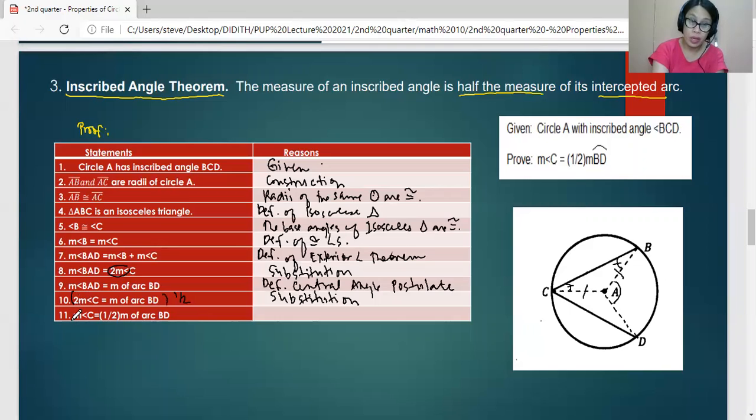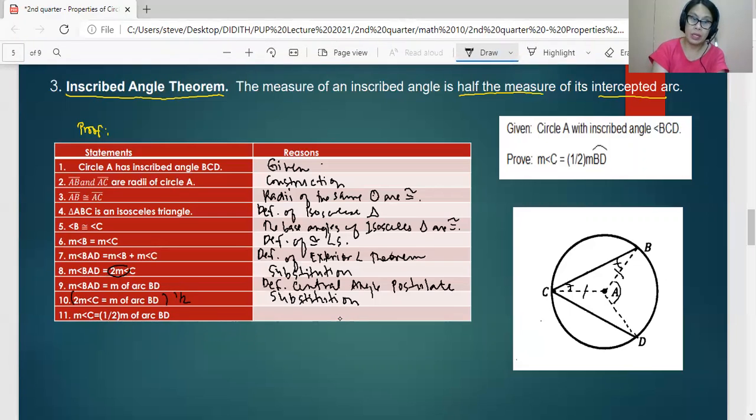So we have the measure of angle C equals 1/2 the measure of arc BD. We multiplied the same value, 1/2, on both sides of the equation. So this is the multiplication property of equality. Really, the measure of angle C here, which is an inscribed angle, equals 1/2 the measure of its intercepted arc. So this is the inscribed angle theorem.